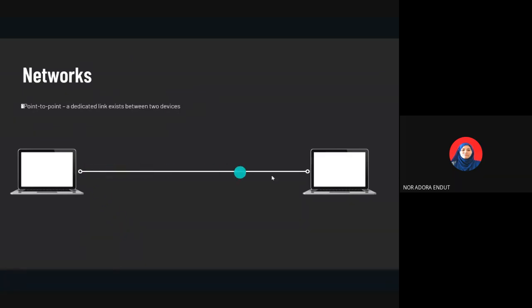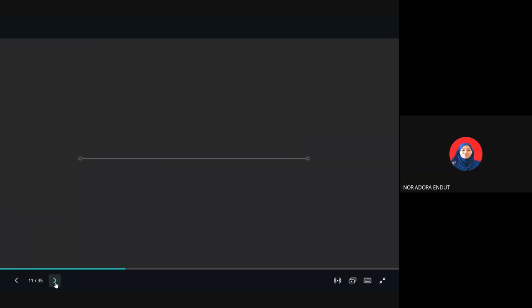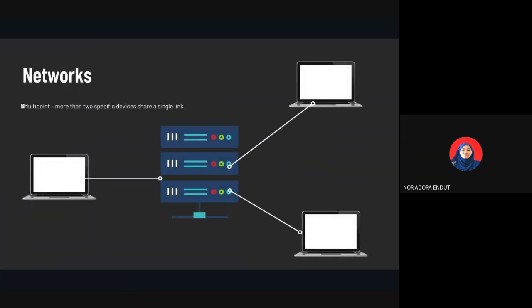One, point to point, direct communication, a dedicated line. For example, for internet we have something called a leased line, a dedicated line. Only your company gets the internet connection directly to the service provider. That is point to point. However, that is not practical now. Usually we have point to multi-point.